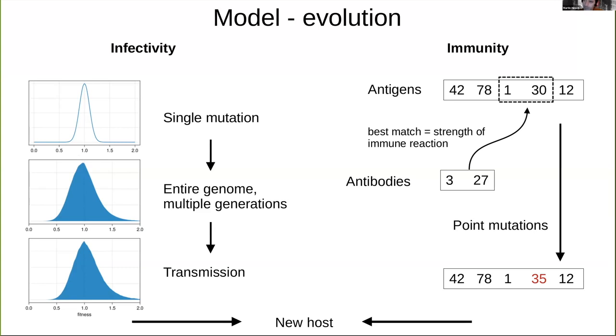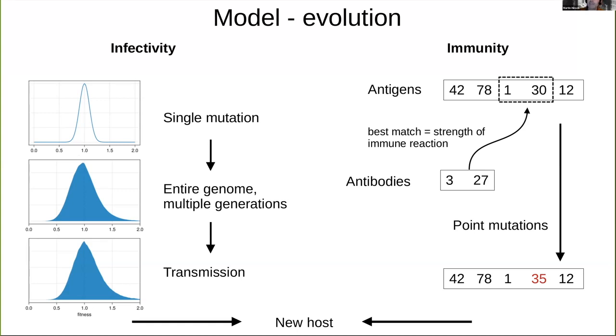On the other hand, we have the immunity. For that, we assume that each pathogen population has a set of antigens. Those are simple numbers between 1 and 100. And agents can react to those antigens by building antibodies. Those are 2 numbers, and the similarity between the antibodies and any window on that antigen determines the strength of the immune reaction.